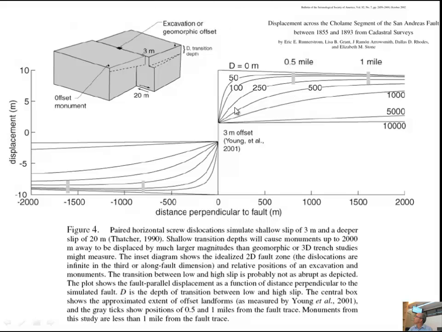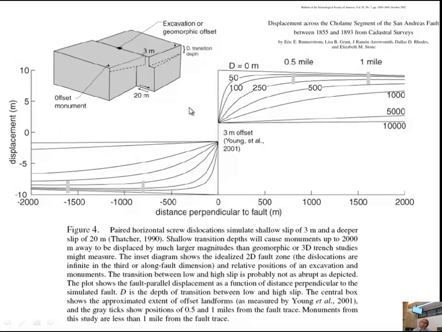And so what I could do is show that at about 250 meters, somewhere between, let's say, 50 to 250, it changed from 3 to 20 meters. So it just means that, at depth, it had lots of slip, and then as we come up to the surface, the slip must have been distributed or it died.